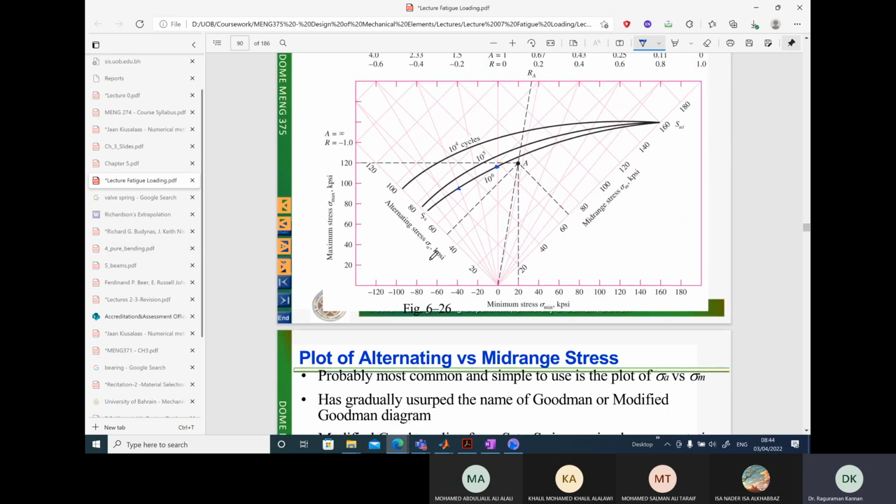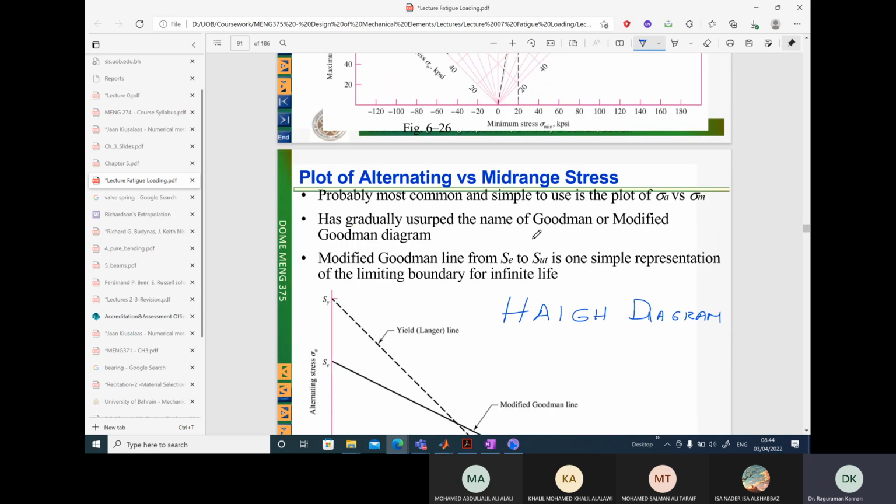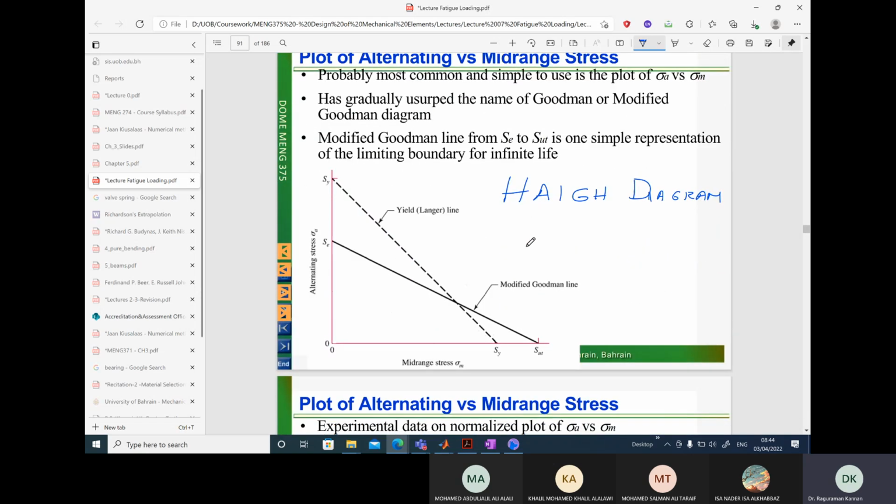We get rid of the x-axis given here, the y-axis given here. So we only have the mean stress axis and the amplitude of stress axis. We have on the x-axis mean stress, on the y-axis amplitude of stress. So now it looks a lot simpler, this diagram.